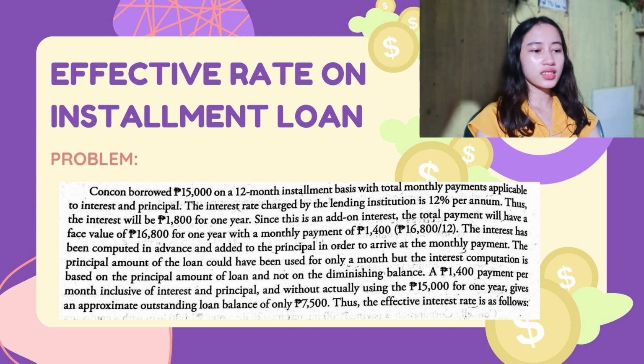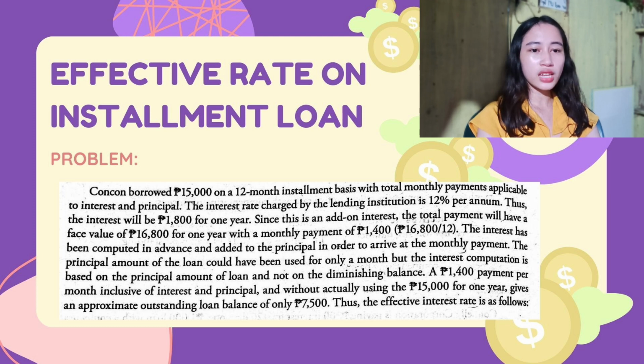Since this is an add-on interest, the total payment will have a face value of 16,800 for 1 year, with a monthly payment of 1,400. How do we get the 1,400? You divide 16,800 by 12, since 1 year has 12 months.